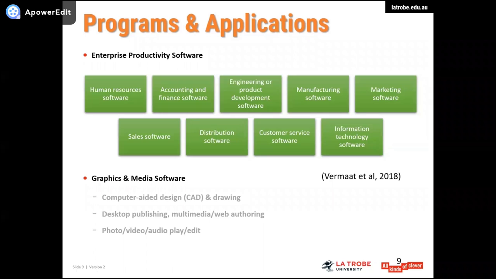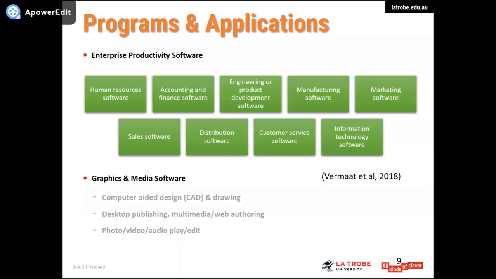But enterprise productivity software is more on the enterprise level. It's more related to management or enterprise level service, which is very different, such as human resource software, or marketing, sales, customer service, or enterprise level IT software. They fall into this category.